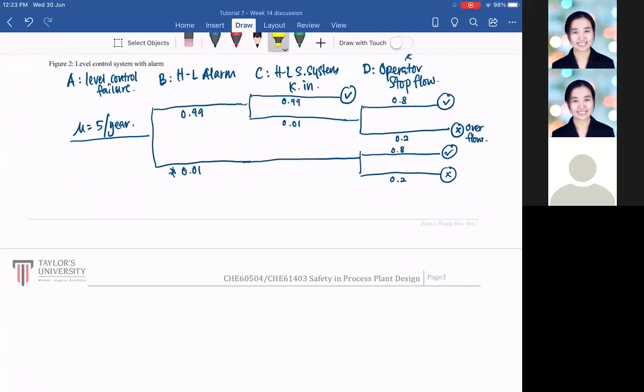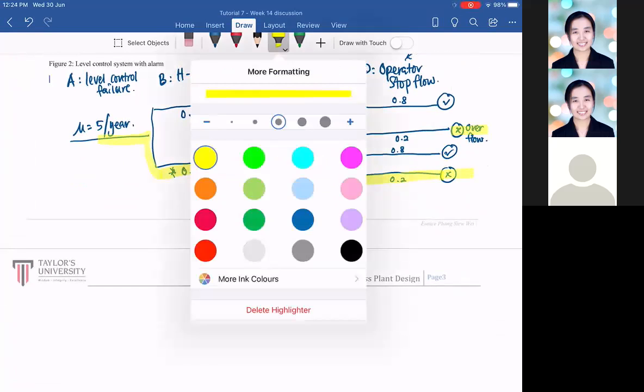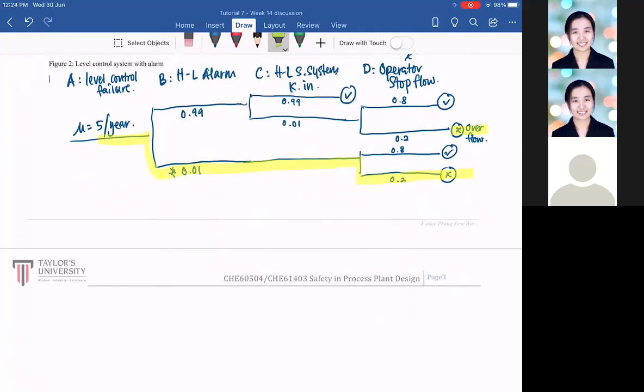So let's look at the overflow first, the X. So there's one route from here that goes here. Okay, and there is a second route. Let's use a different color. From here to here. Okay, so we have two routes.